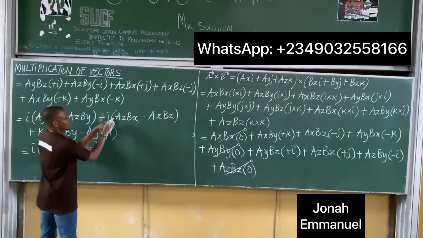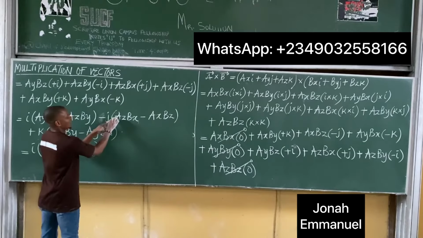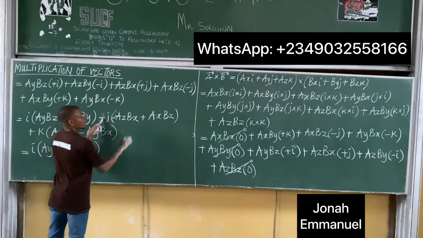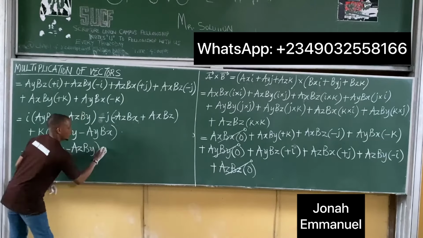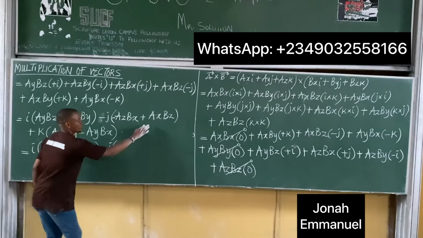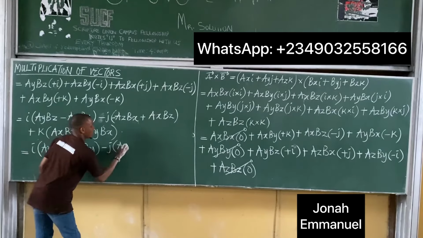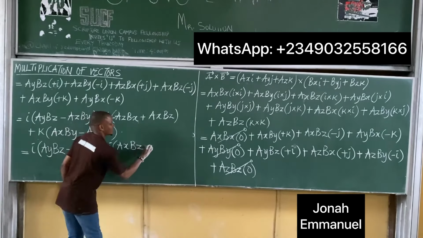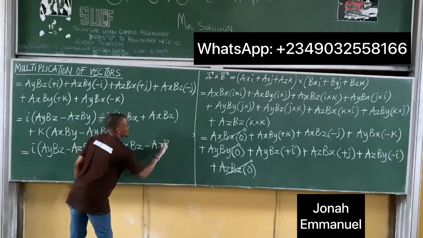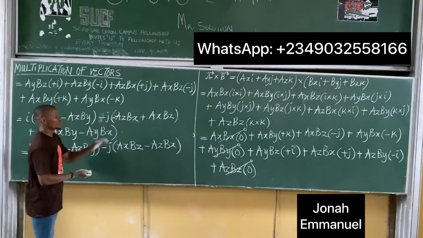Minus multiplies here, makes it minus here. This minus comes to minus, makes it plus. So we take the plus before the minus, it becomes minus j into this one here, AXBZ minus AZBX. Why is this one correct?